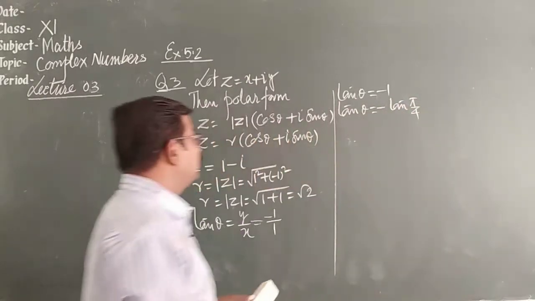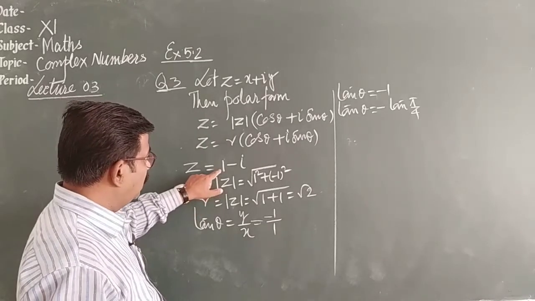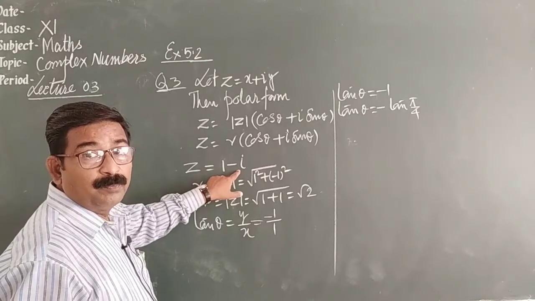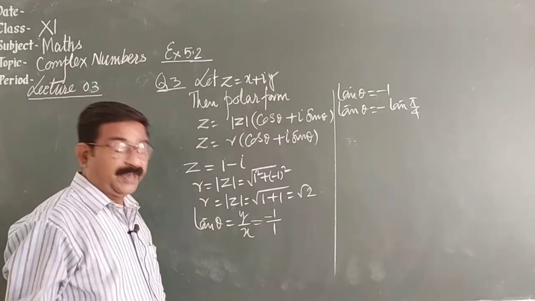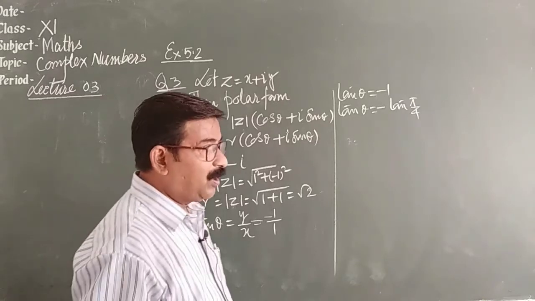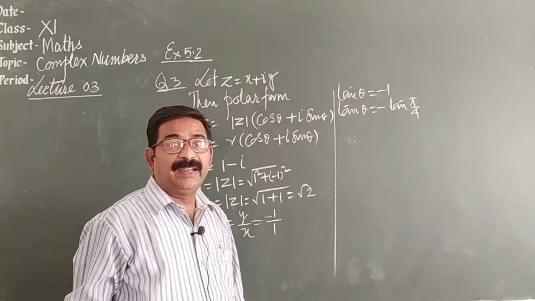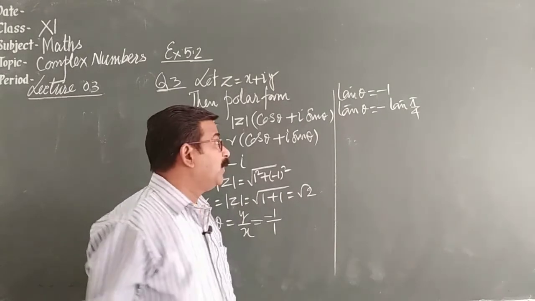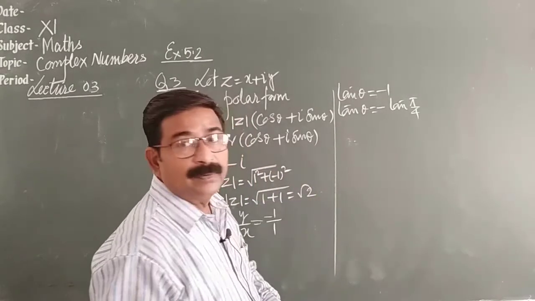Now let's check in which quadrant this angle is. Here we have cos positive, sine negative, plus minus. So which quadrant? Fourth quadrant. And for the fourth quadrant we write minus theta, or you can write 2 pi minus theta.